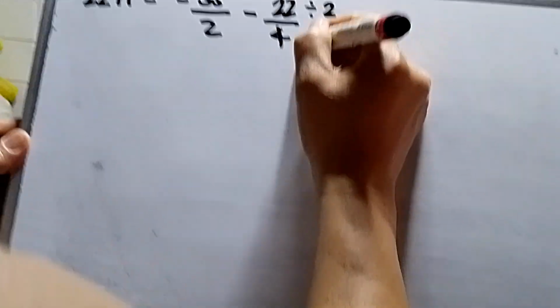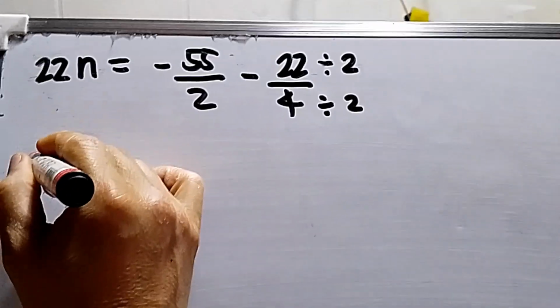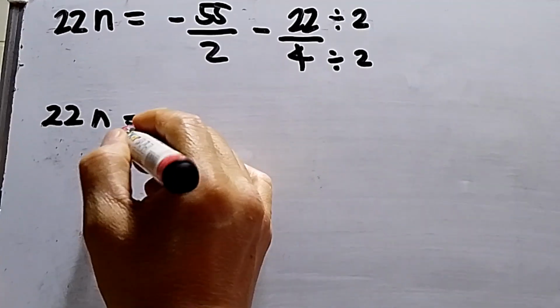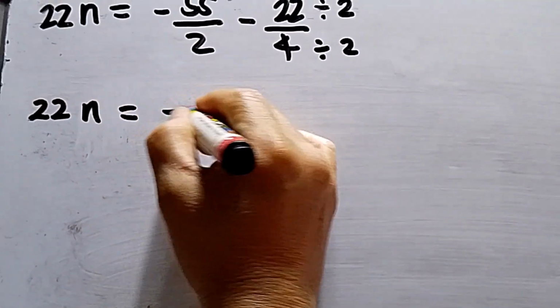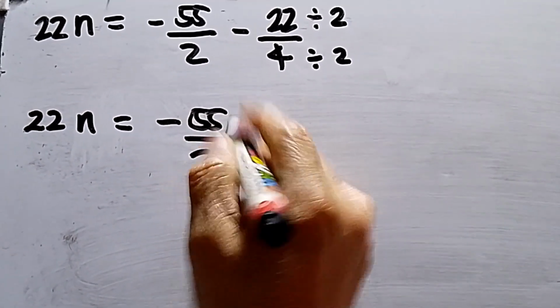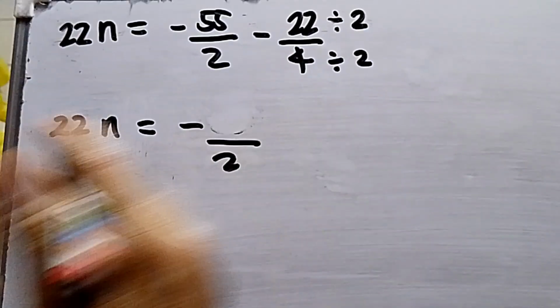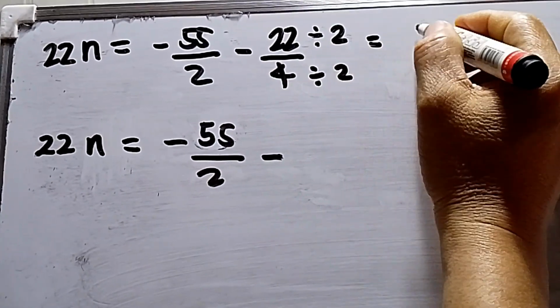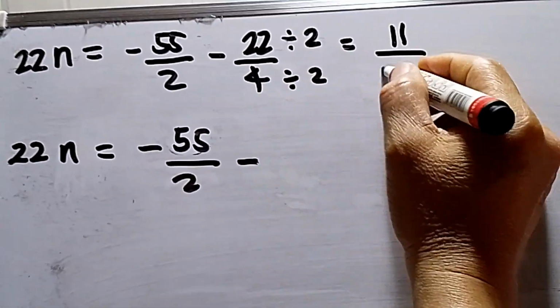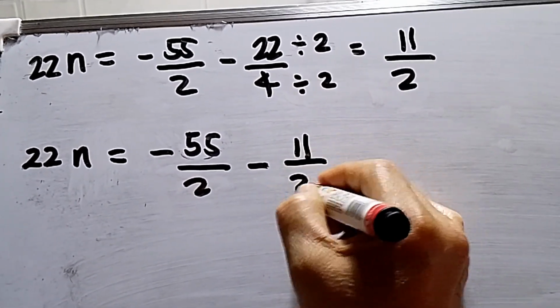So 22n is equal to negative 55 over 2 minus, this will be 11, and 4 divided by 2 is 2, so I have here 11 over 2.